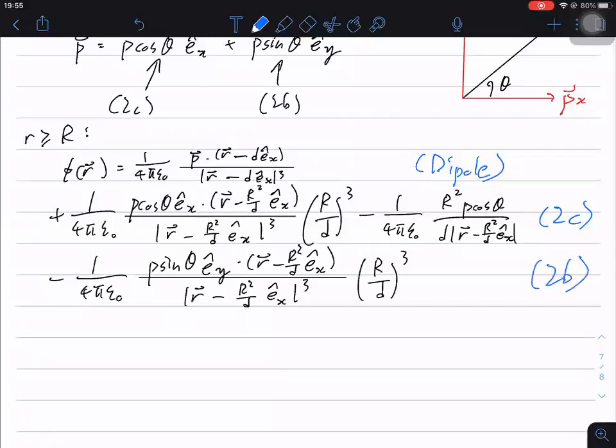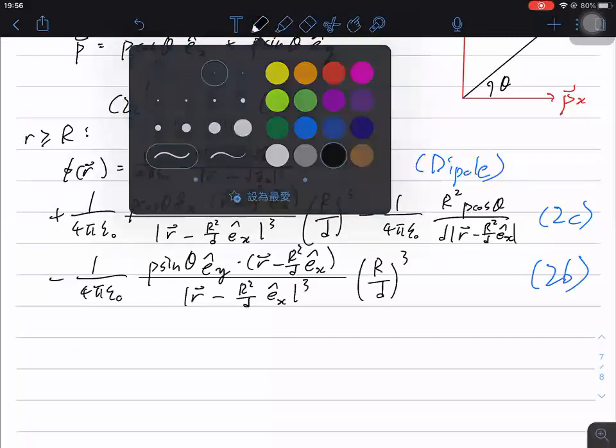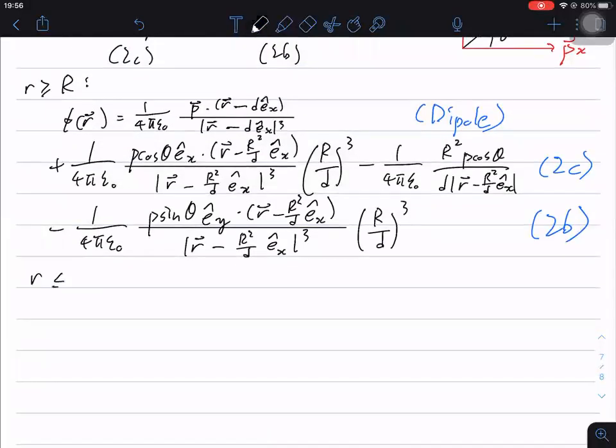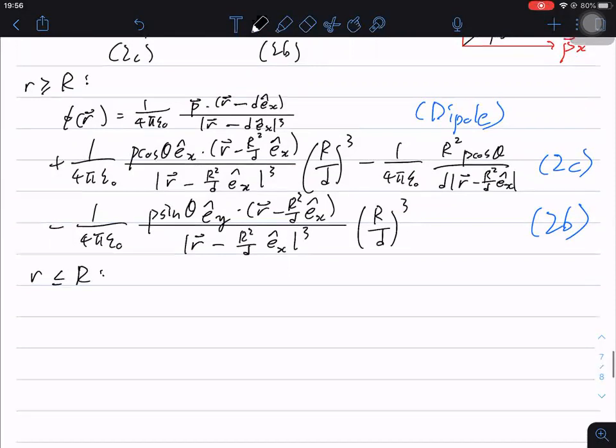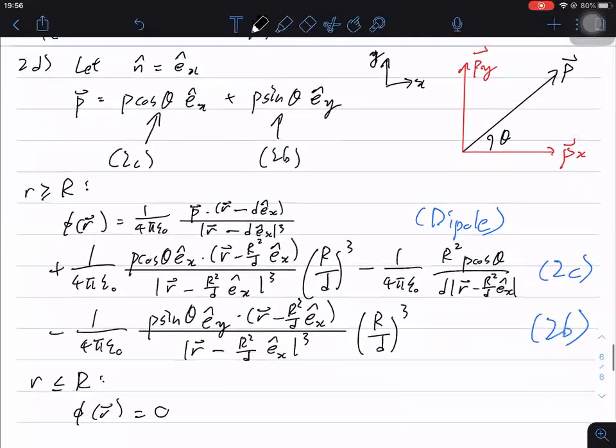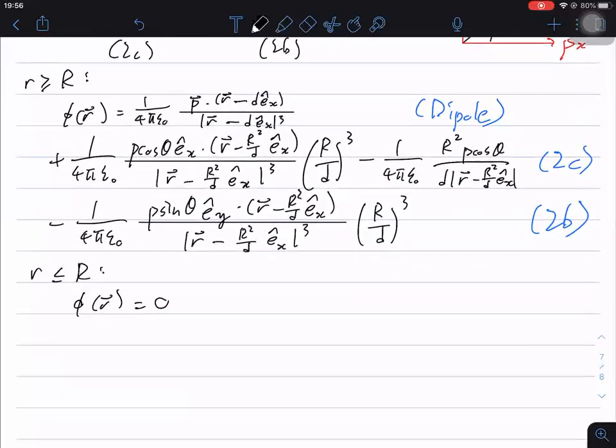So you can refer to question 2B. And that is the solution. Oh, not yet, because you should also consider the potential inside the sphere. So of course, the potential inside the sphere is always 0. And that is the solution of question 2D.